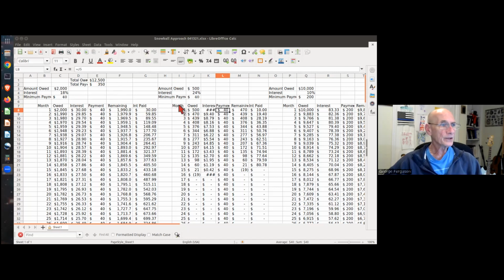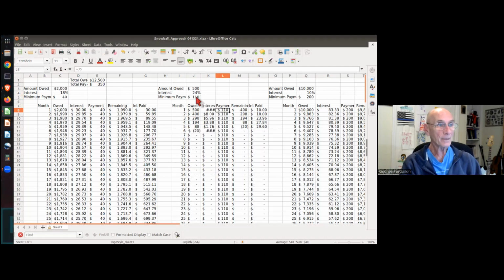All right. So let's say that you free up that $70 and you're going to pay it here. You go ahead and keep doing the minimum payments for the others. But let's say that at this point it goes to $110. Okay. You can see that you have reduced how long it takes you to pay this off from a year to just a few months.